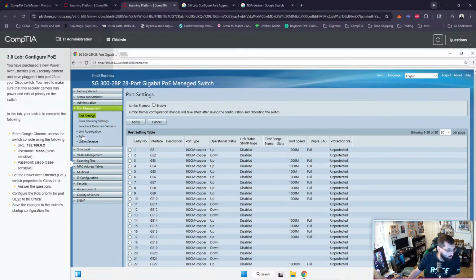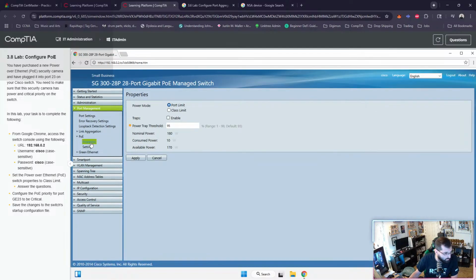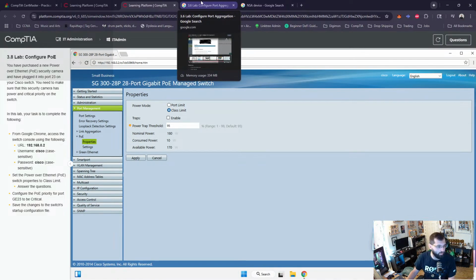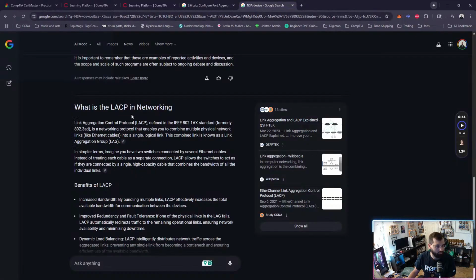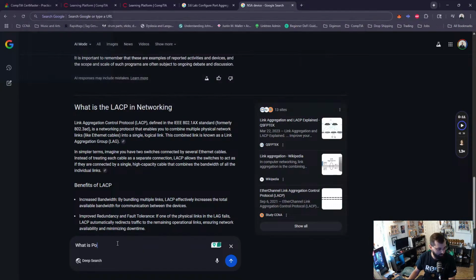Okay, it would be under port management. So we're going to go here, and we need to make sure that properties to class limit. Now, hold on. What does that mean? PoE port limit versus class limit. What is class limit versus port limit?